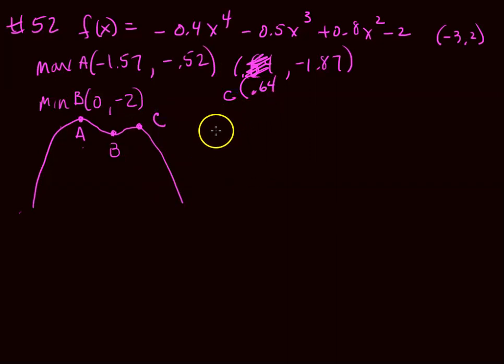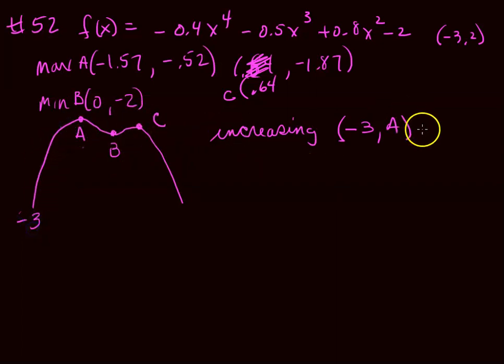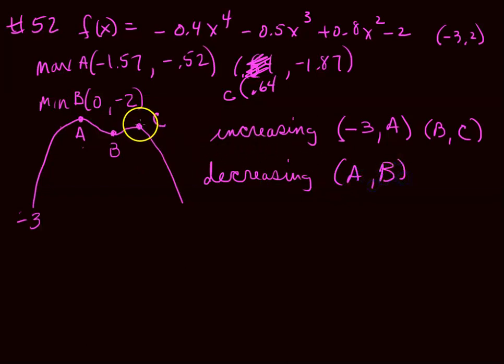So, where's it increasing? From negative infinity, I guess ours is just -3, up to A. Increasing from -3 to A. It's also increasing from B to C. Decreasing from A to B, and from C to 2.